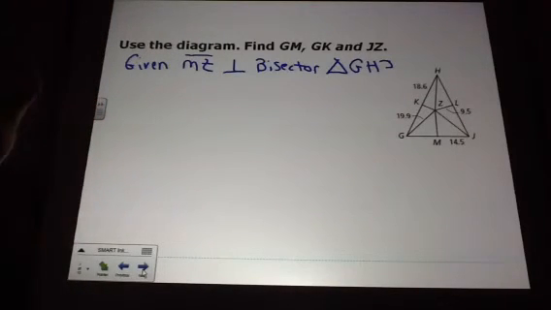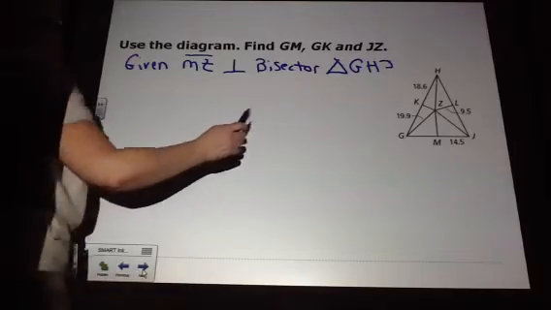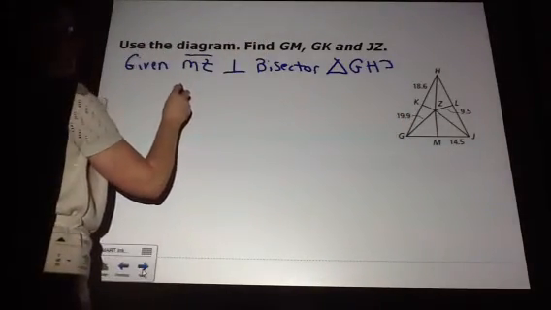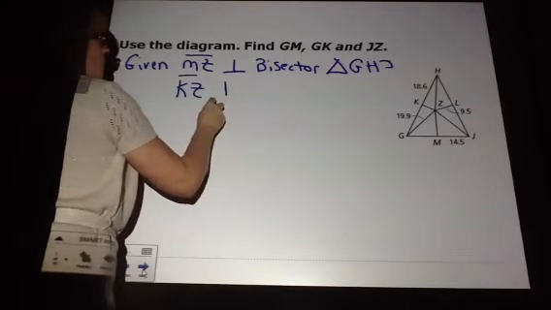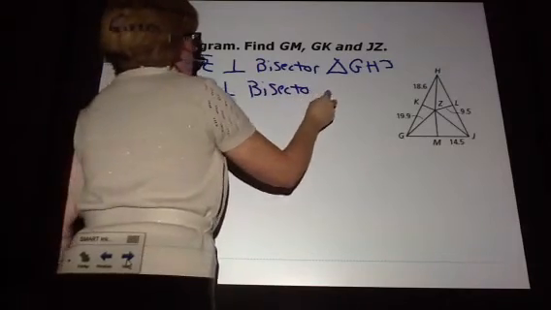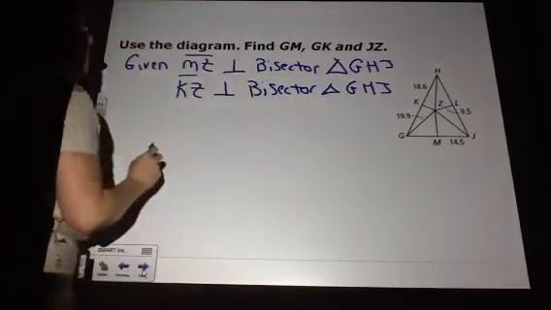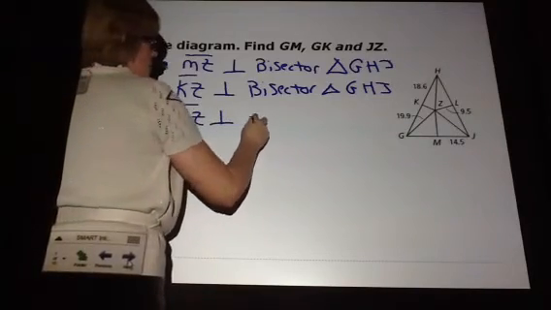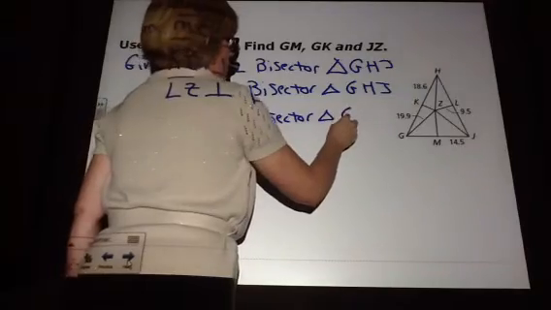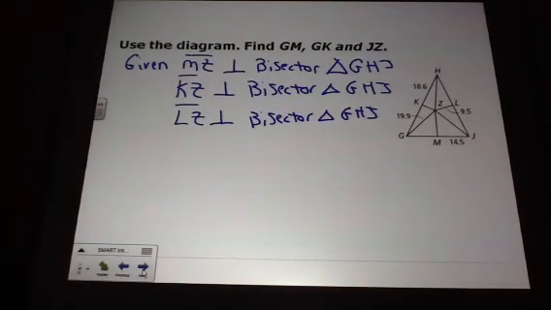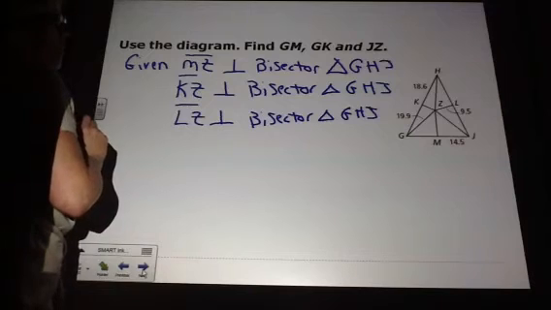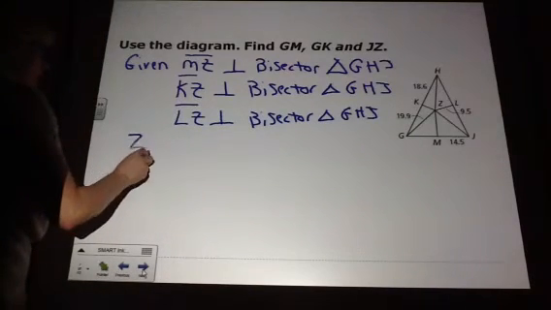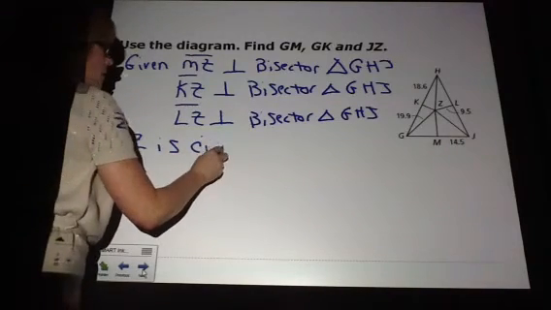Let's say that KZ and LZ are too. So once we know that these three segments are the perpendicular bisectors of the triangle, we can say that Z is the circumcenter.